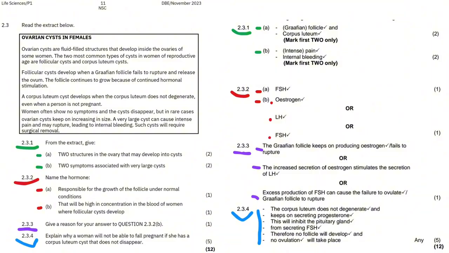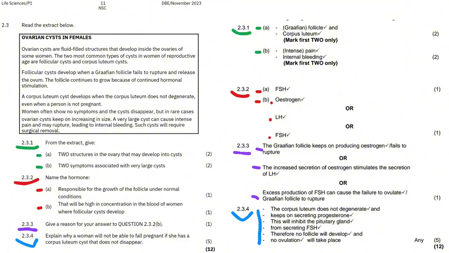Question 2.3.3, give a reason for your answer to question 2.3.2 part B. The answer is the Graafian follicle keeps on producing estrogen and fails to rupture, or the increased secretion of estrogen stimulates the secretion of LH, which is luteinizing hormone.